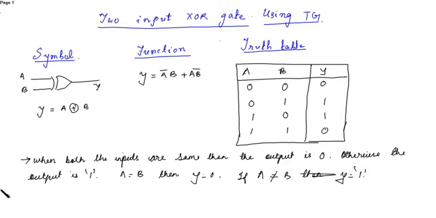Now in order to draw the schematic diagram, you have to follow two processes. Schematic diagram is very essential in order to prove the truth table.